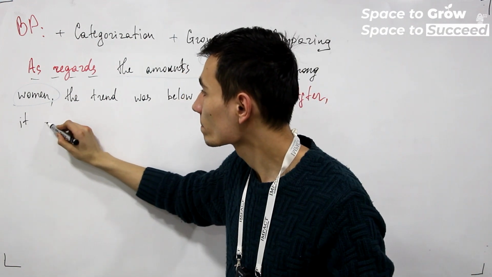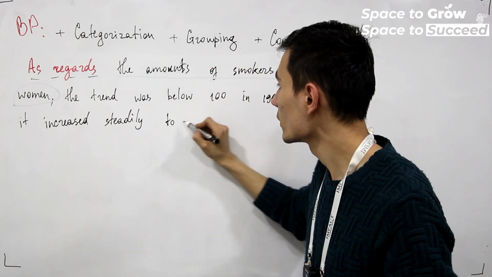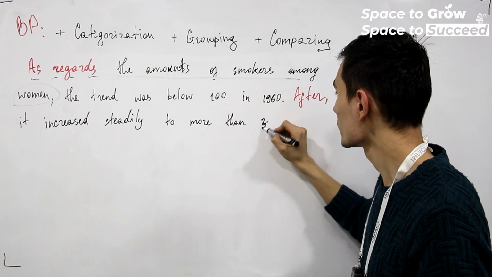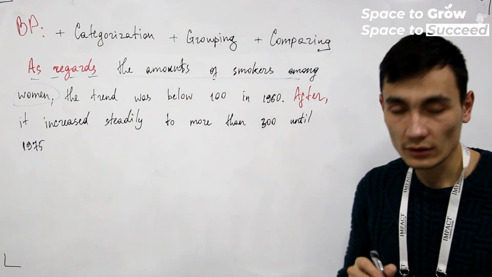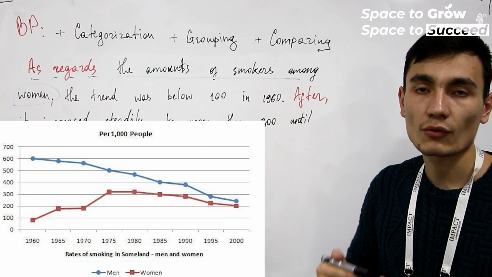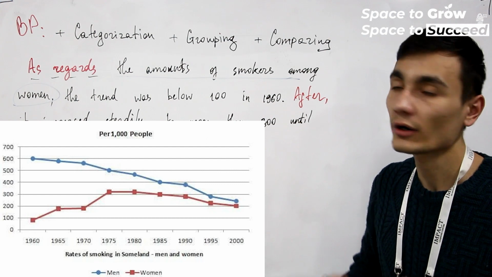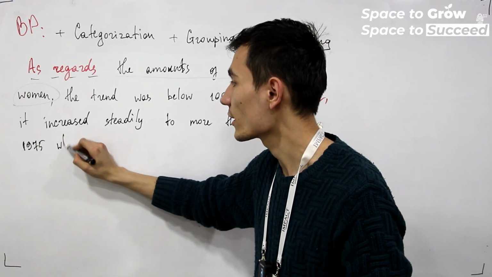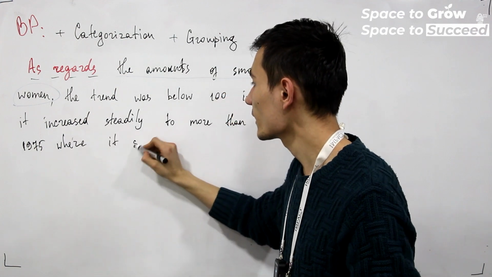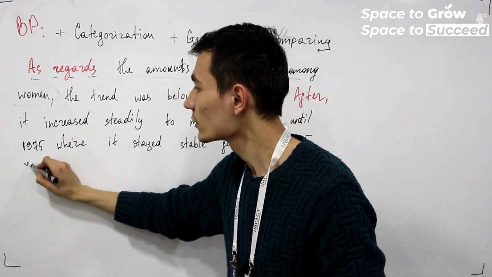It increased steadily to more than 300 until 1975. And if you pay attention, it didn't change for the next 5 years. We can simply add this information here to make a more complex sentence, using a relative clause: where it stayed stable for the next 5 years.